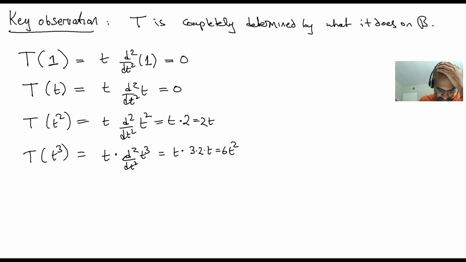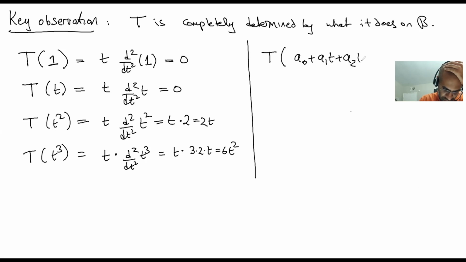Okay, but now I can express any vector in P3 uniquely as a linear combination of these input basis vectors, right? So now if I have some other vector, let's call it a0 plus a1 t plus a2 t squared plus a3 t cubed. Well, okay, by linearity, that's just a linear combination of these vectors, right?